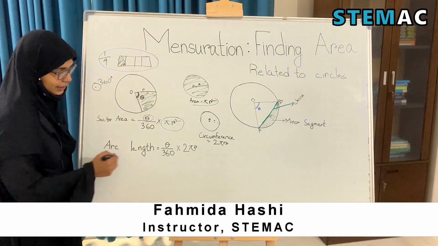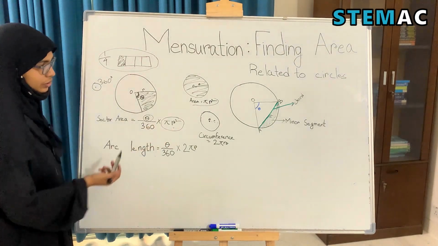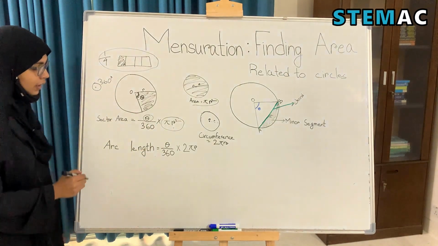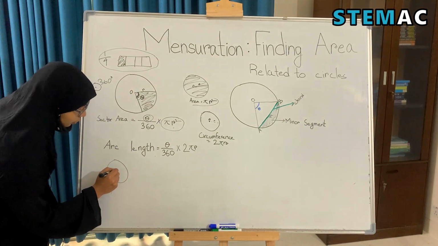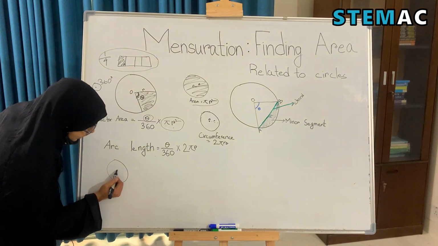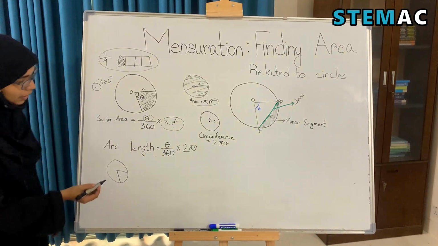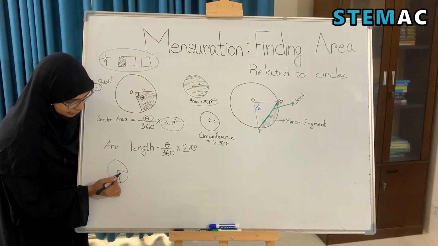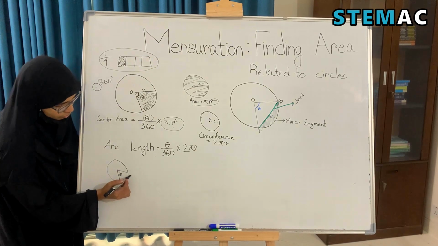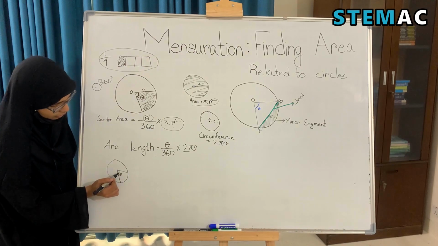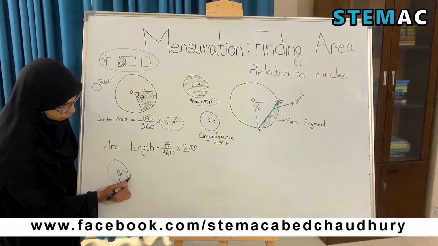Now about arc length. Arc length is related to the circumference of a circle. Let's first know what an arc is. This part of the circle subtended by the angle theta, when we say arc length of this circle, the arc length would be this part.